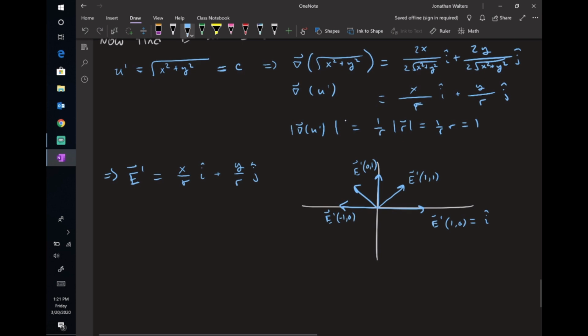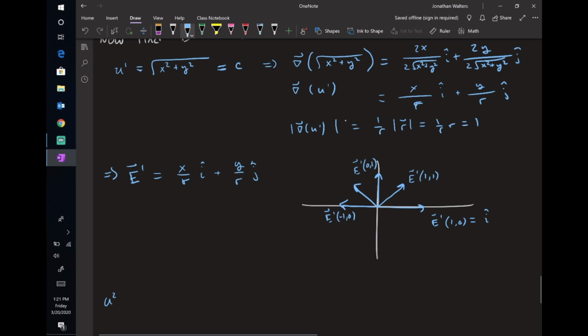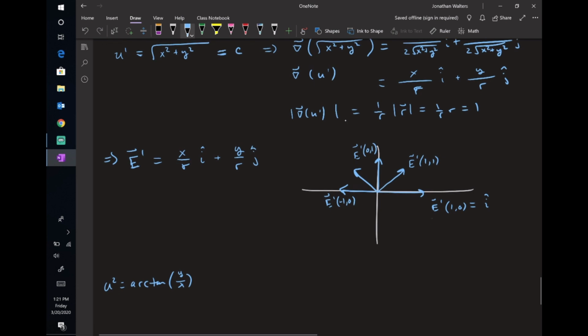Now let's calculate E2. It's a little bit more complicated because U2, we know, is arctan y over x. So if we set that equal to a constant, the gradient of U2 is going to be a little more complicated. We have to differentiate this with respect to x.